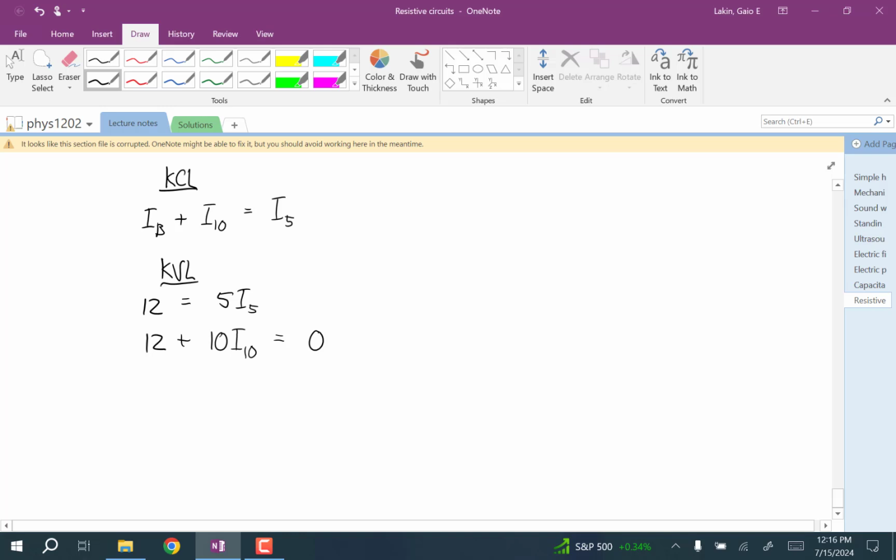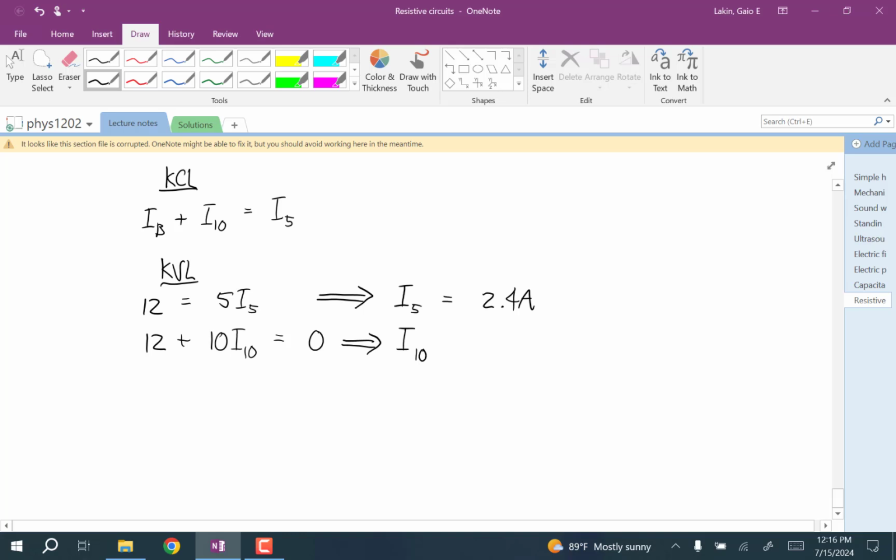So now we have 3 equations for 3 variables, and we can start filling stuff in. This allows us to calculate I5. So I5 is 12 divided by 5. So 2.4 amps. And this one allows us to calculate I10.